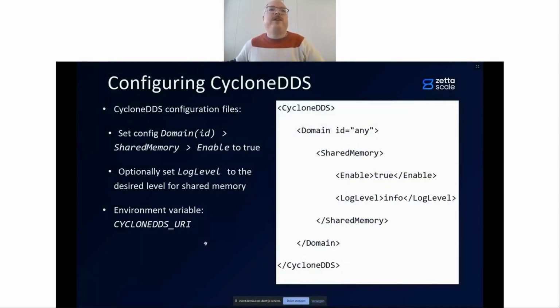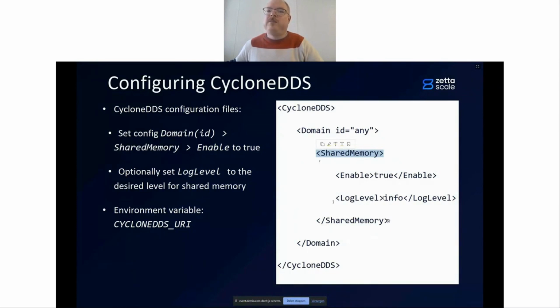Next, you will need to configure Cyclone DDS to use shared memory. This is done by setting, in the shared memory block for a domain, the shared memory enable flag to true, and you can optionally set a log level for the shared memory as well.